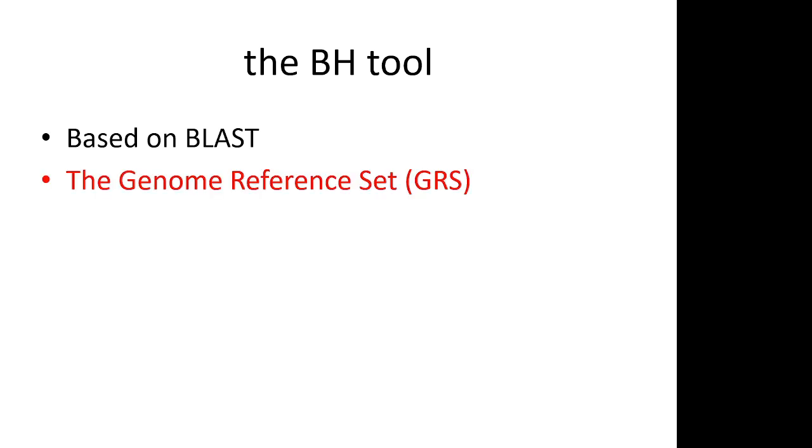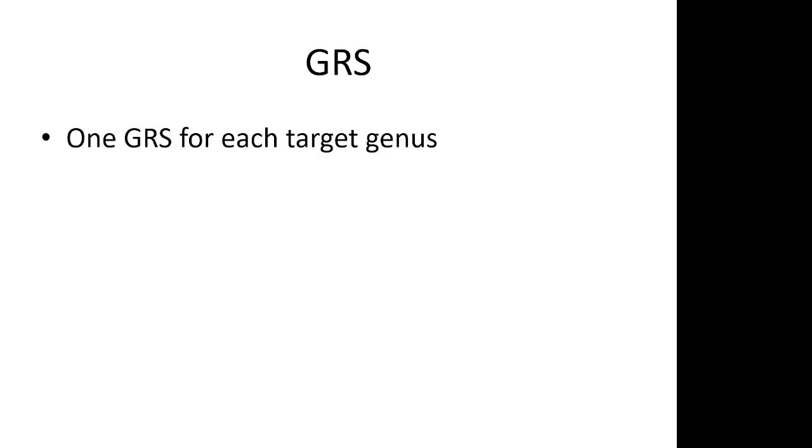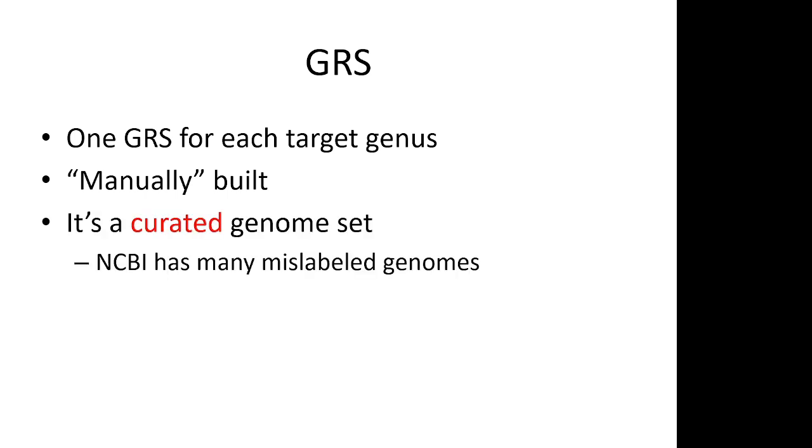But we put a lot of effort in this reference data set that we call GRS, the Genome Reference Set. So let me explain to you what that is. We built one GRS for each target genus. And it's more or less manually built, which means that it's basically a curated genome set.